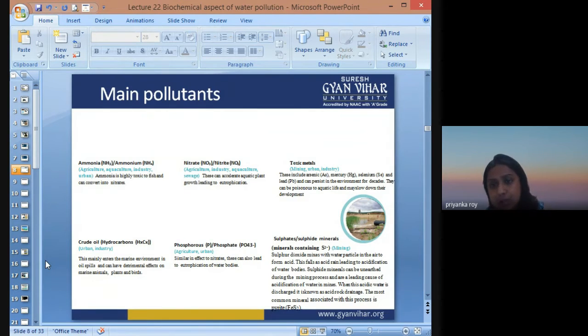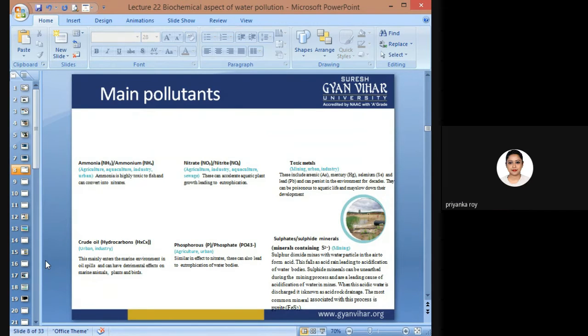leading to eutrophication. Toxic metals will also, then there are industrial waste which is coming into the water, will bring out toxic metals. Now they are basically from mining and urban waste and industrial waste.